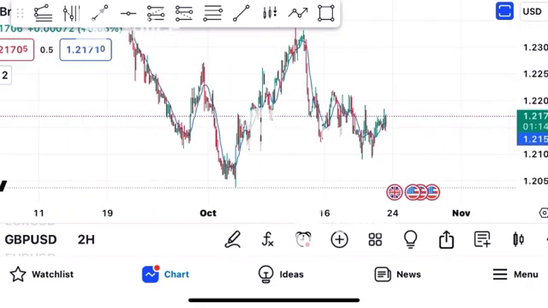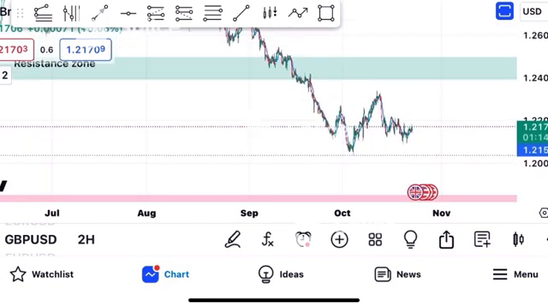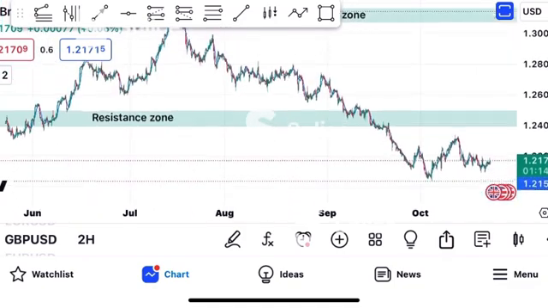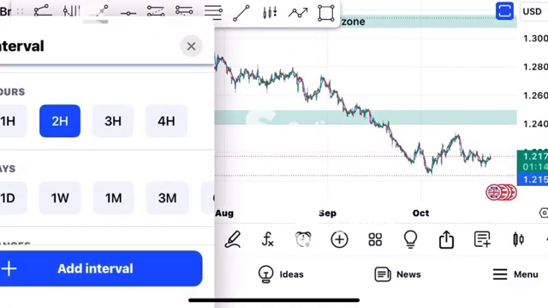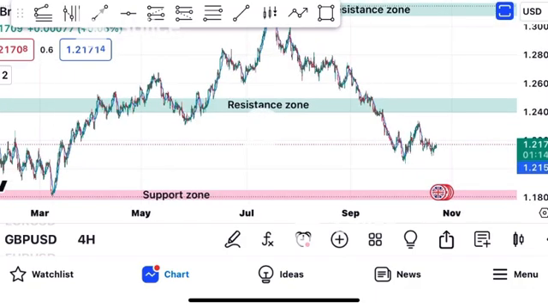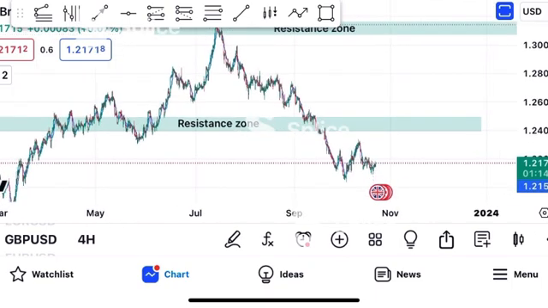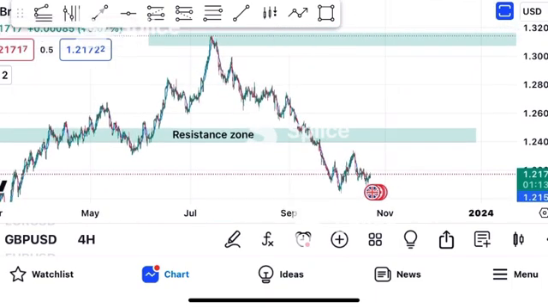There are two ways to plot a Fibonacci retracement level: in a bearish direction or in a bullish direction. The direction you plot it will depend on the direction you have of the market. Since this market is trending in a downward direction, I'm going to plot a bearish Fibonacci retracement level.